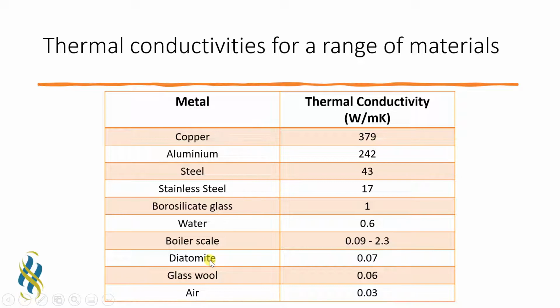Diatomite is another substance used in the transference of heat, with a thermal conductivity of 0.07. Glass wool has a very low value of 0.06, and air has the least value, 0.03 watt per meter Kelvin.